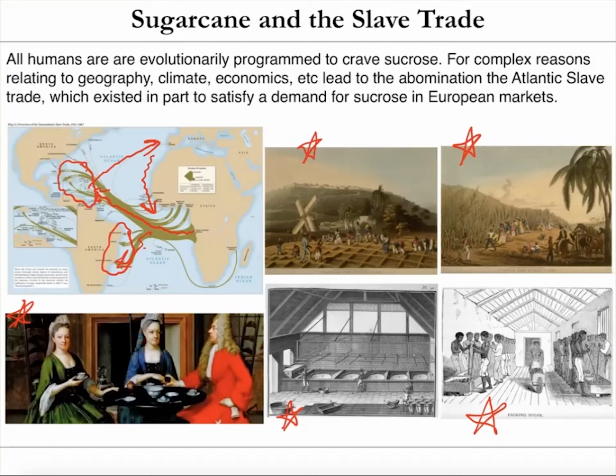The slaves that were brought over had a greater resistance to things like malaria and yellow fever. So unfortunately, we humans obviously crave sucrose, but that led to things like the slave trade, in part to satisfy the demand for sucrose in European markets.